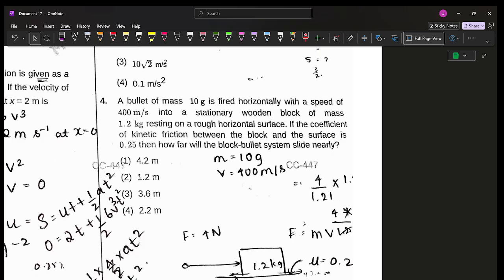For acceleration, it's gonna be v square minus u square is equal to 2as. So we have v square as (4 by 1.21) whole square, divided by 2 into a, into s.